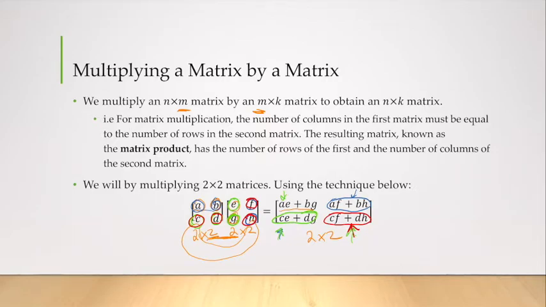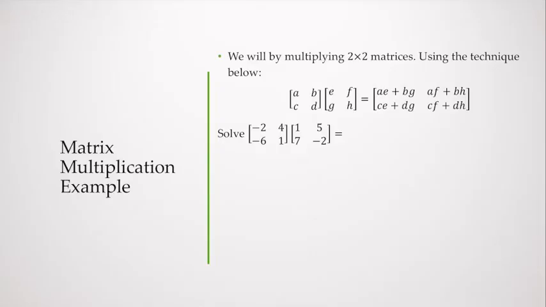So let's do an example very slowly. In order to multiply this matrix, what I want to do is take row by column. So I'm going to take the elements in row 1 and multiply them by column 1 to get my entry in row 1, column 1.